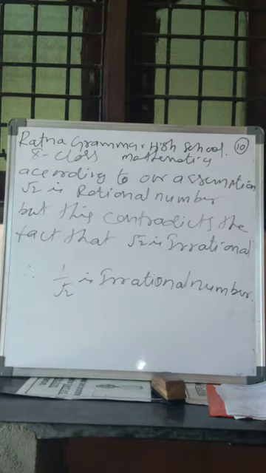So a, b are rational numbers. According to our assumption, root 2 is a rational number, but this contradicts the fact that root 2 is an irrational number. Therefore, 1 by root 2 is an irrational number. We have b is equal to a into root 2, both sides equal, LHS and RHS.